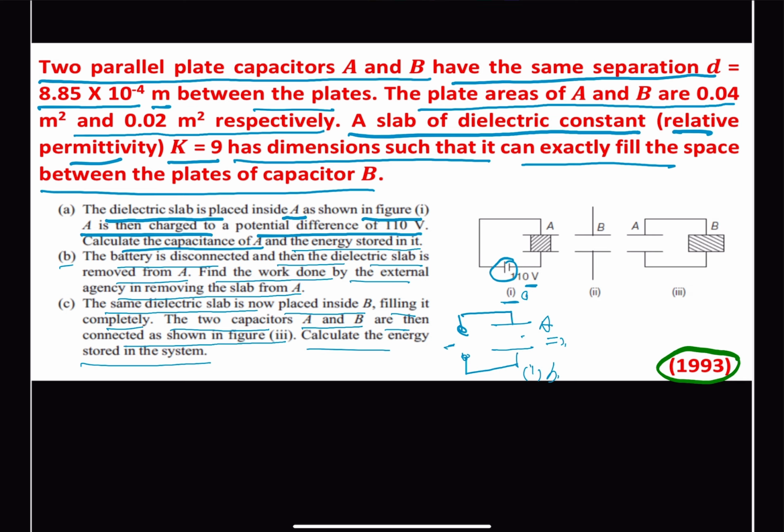Okay. So for part A, we can clearly see from the figure itself that the net capacitance of capacitor A will be equal to the combination of two capacitors.